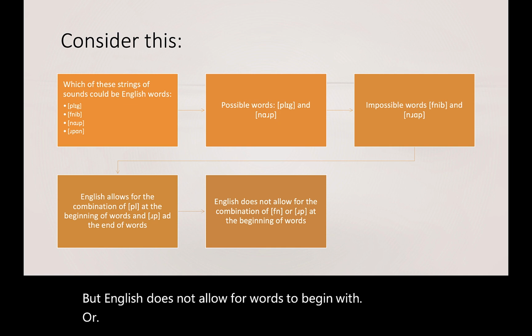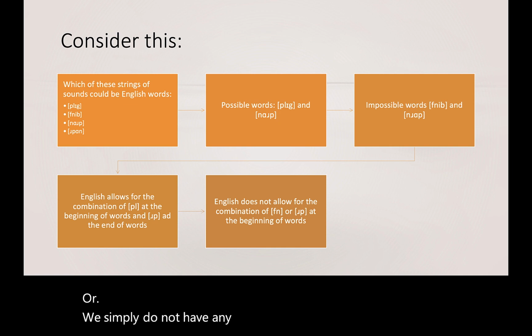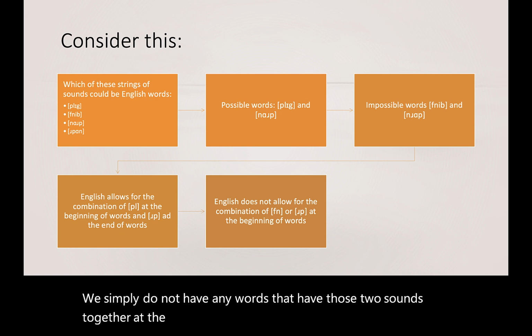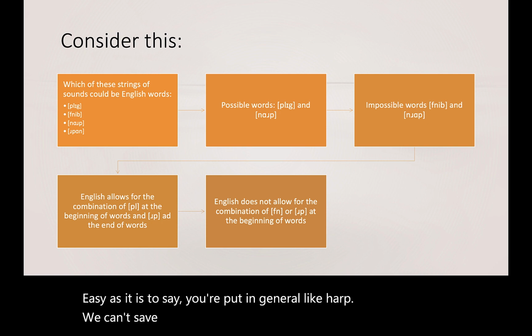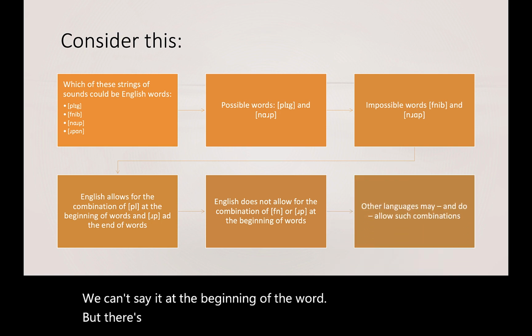We simply do not have any words that have those two sounds together at the beginning of words. Easy as it is to say rp in general, like harp, we can't say it at the beginning of the word. But there is nothing weird, so to say, about these sound combinations per se. Other languages may very well have them.